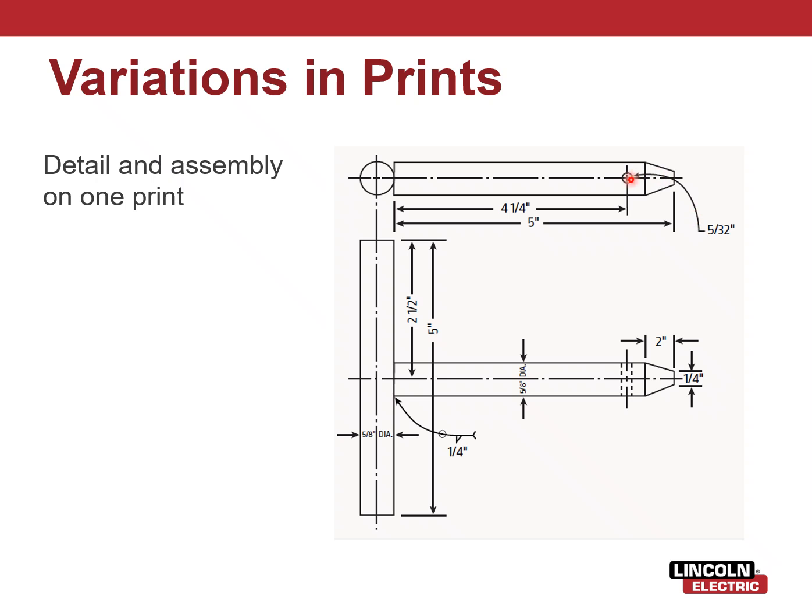We've got the location of a 5/32 hole off the base. We have where this piece mates to this piece, 2.5 inches off the edge. And then we have the weld symbol: weld all around, 1/4 inch fillet weld. So you should be able to hand this to a fabricator and that part is done, all in one go. This is a simple example.